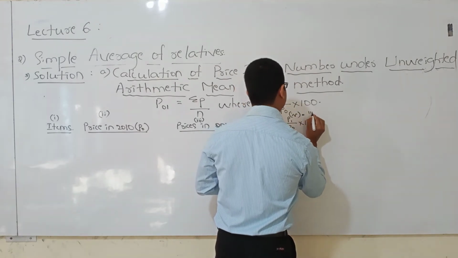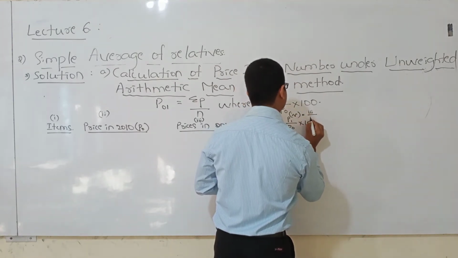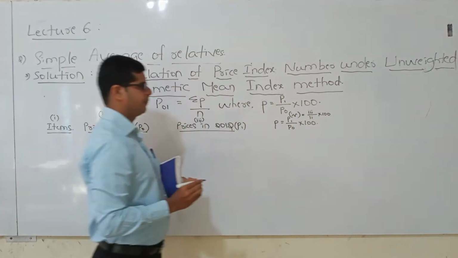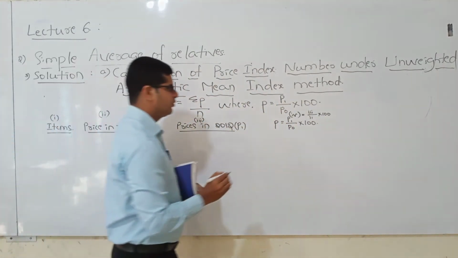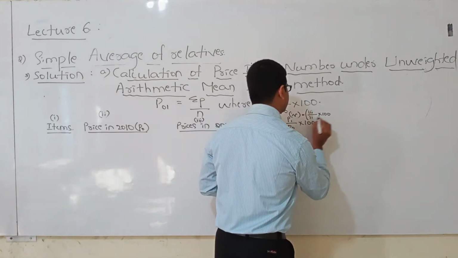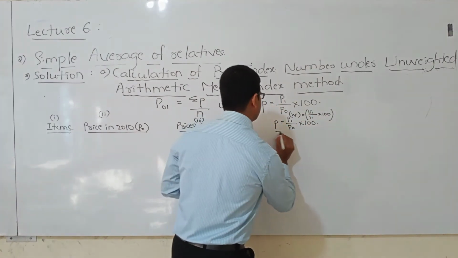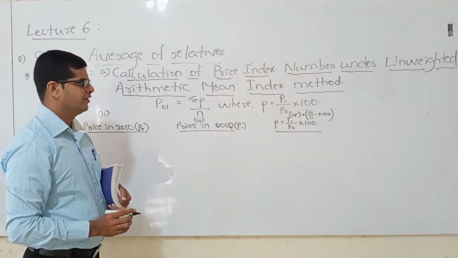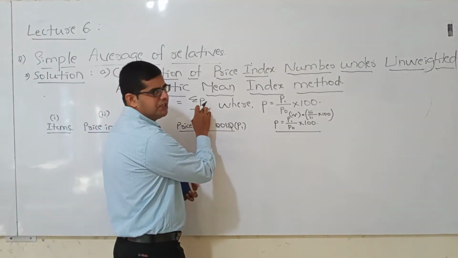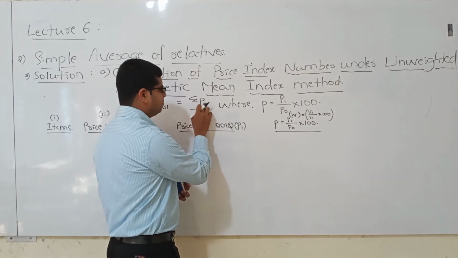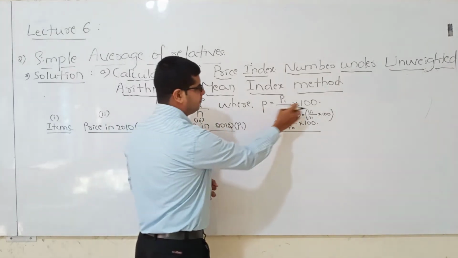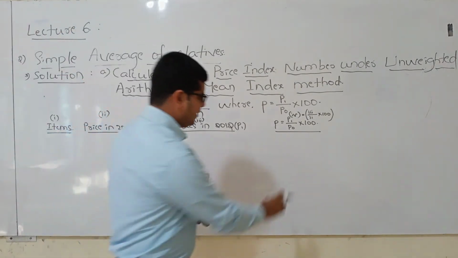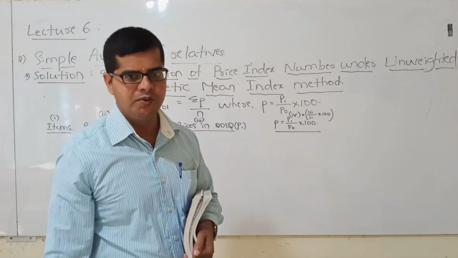Column number 4 is equal to column number 3 divided by column number 2 into 100, because we are going to calculate summation P. Before summation P, we get P. So once we get P, we can get the total of P, that will be summation P.